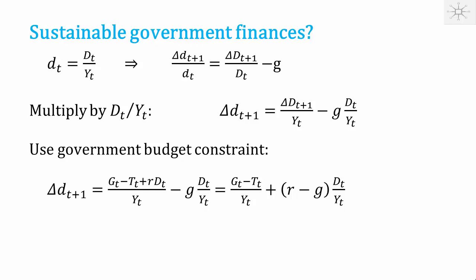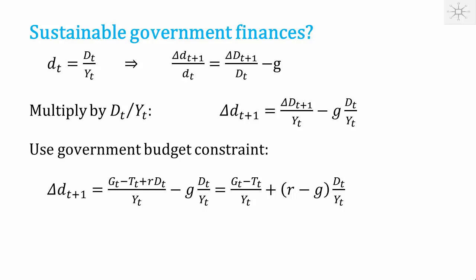So what determines the change in the debt ratio? Well, we just use our very handy rule of thumb for growth rates, saying that the percentage change in the debt ratio is going to be the percentage change in the debt minus the percentage change in income. And the growth in income, we have just assumed it is little g. Then we take that expression and multiply by the debt ratio, so we get an expression determining the change in the debt ratio as the change in debt divided by GDP minus the growth of income times the debt ratio.